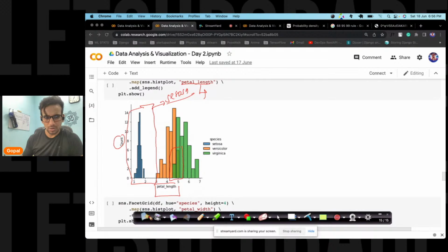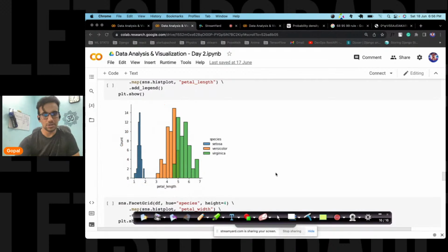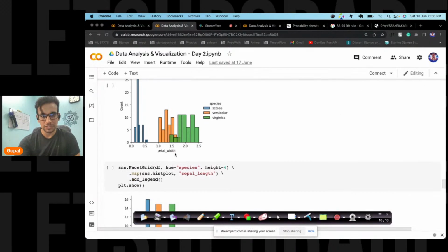We can also do it with the petal width, which I did. You can see that for the petal width the overlap is somewhat smaller. But Setosa is again totally segregated from its peers, Versicolor and Virginica, and it's quite distinguishable even now with the help of petal length.